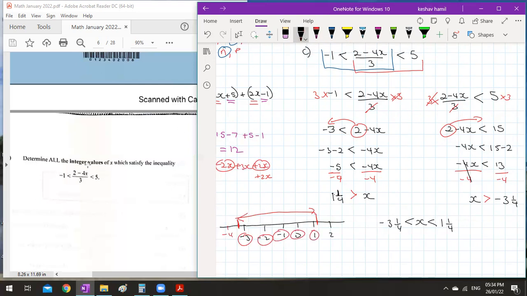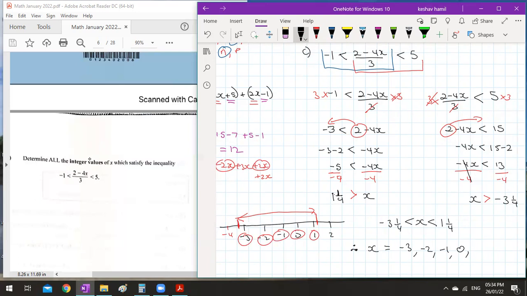So we determine all the integers. All right, all the integers will be -3, -2, -1, 0. Does 0 count as an integer? I have to check that.